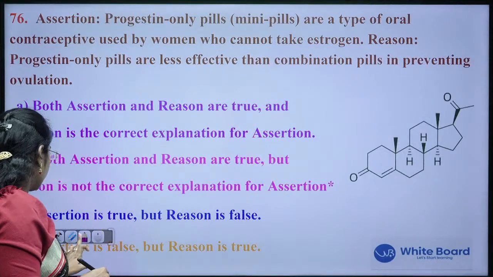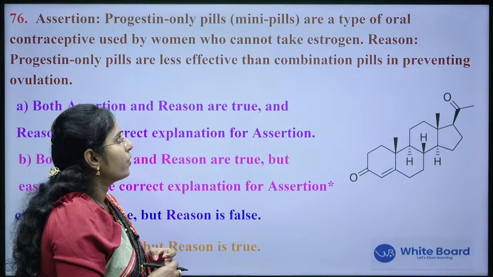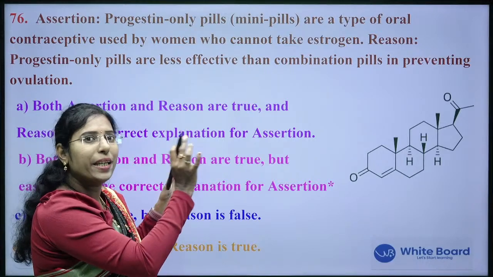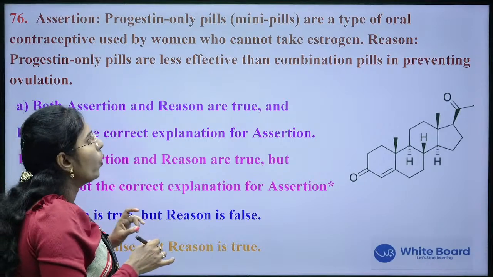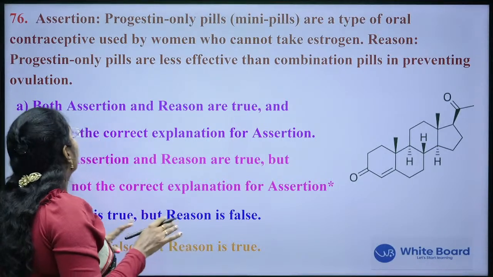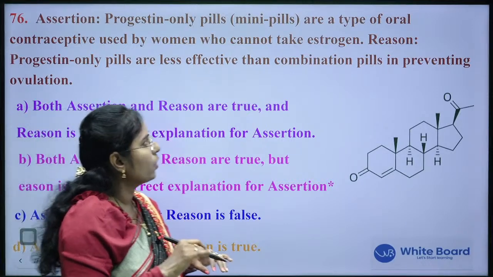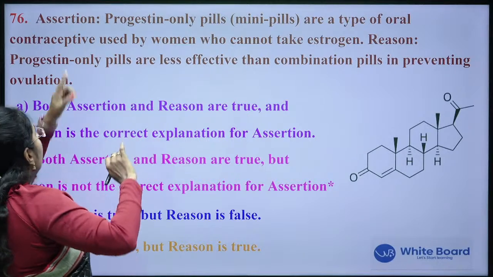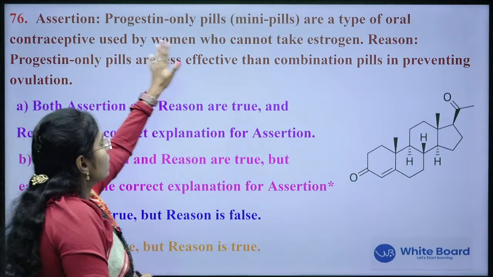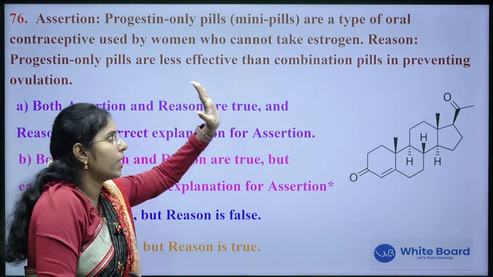Right. Coming to the next question. Assertion: Progestin only pills, which are called mini pills, are a type of oral contraceptives used by women who cannot take estrogen. Reason: Progestin only pills are less effective than combination pills in preventing ovulation. See here, the assertion is that progestin only pills are a type of oral contraceptives used by women who cannot take estrogen.